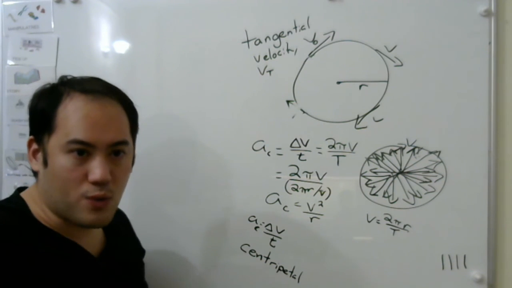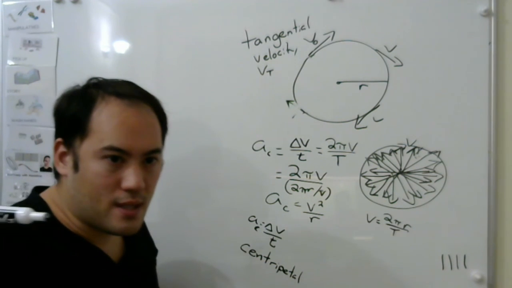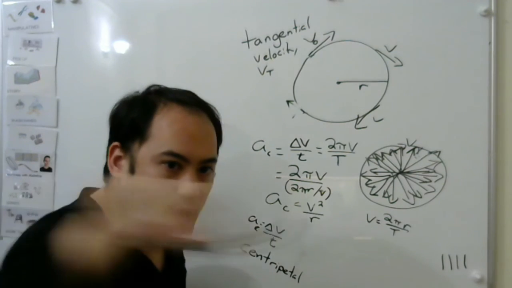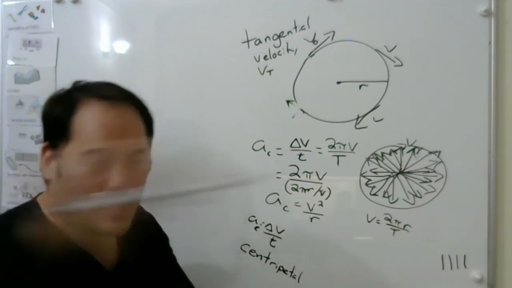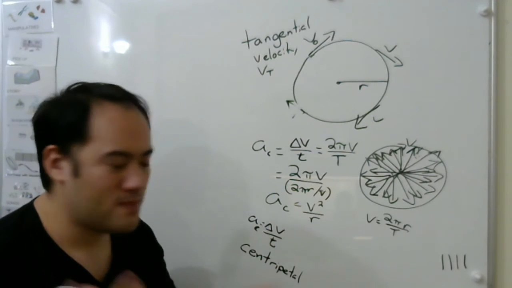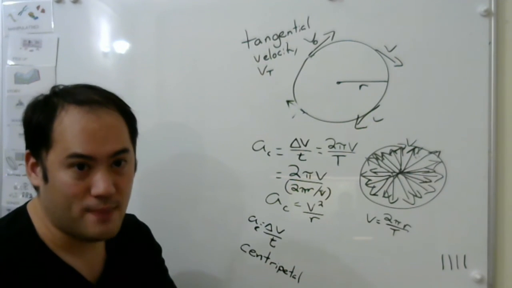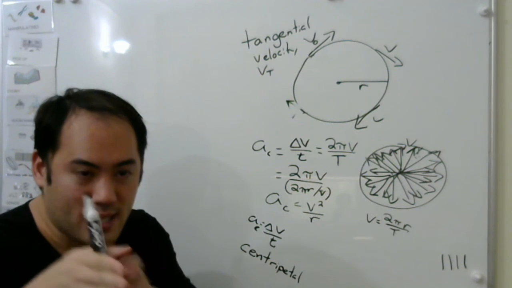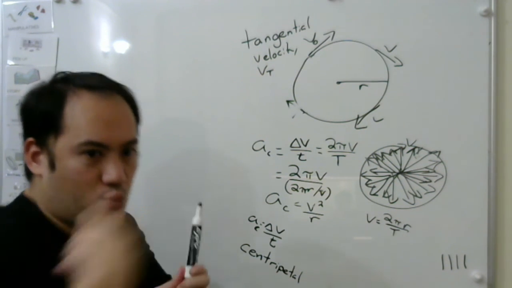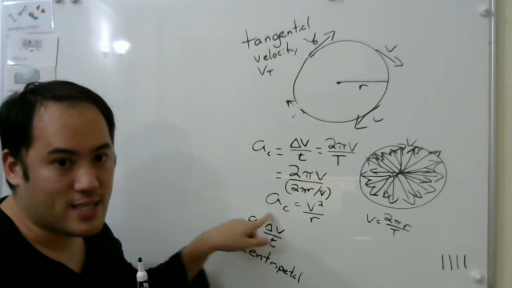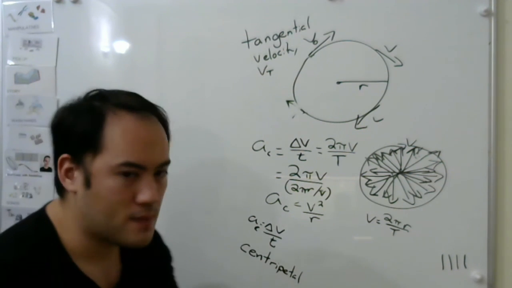But if I have an object going really fast, and then turns in a really small circle, like, you ever hear like a sports car can turn on a dime? If something's going really fast and it turns in a really small circle, it has a really high centripetal acceleration.